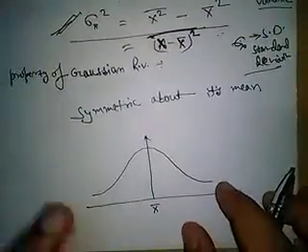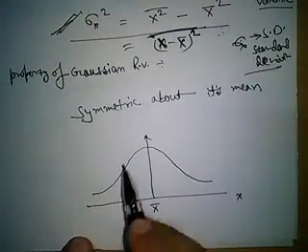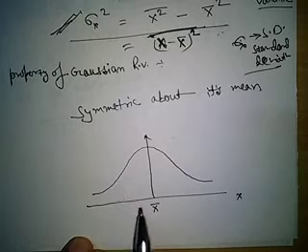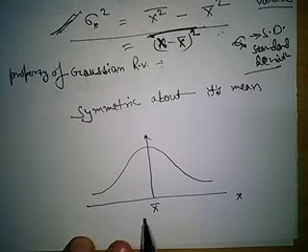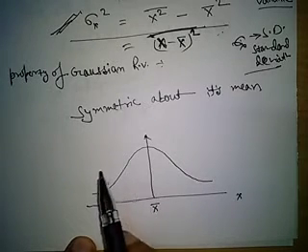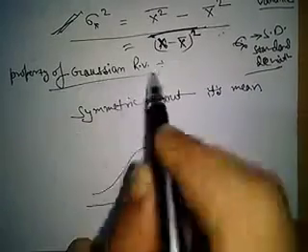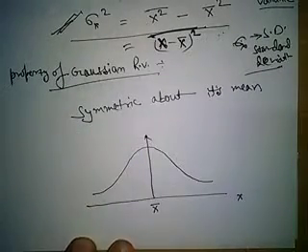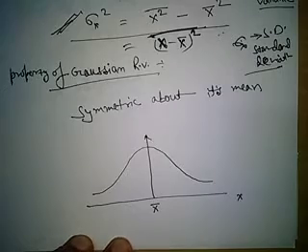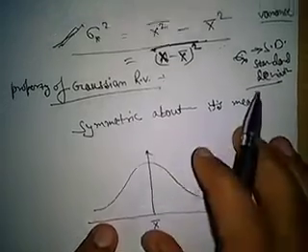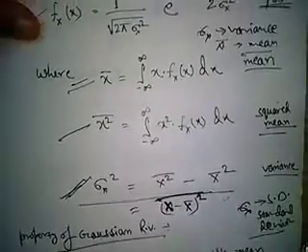So here it is. This is a symmetric function, and we can see that about the mean, the function is exactly symmetric. So this is the property of Gaussian random variable that will be used in the given question. So this is all about the Gaussian random variable that we must know to solve this problem.